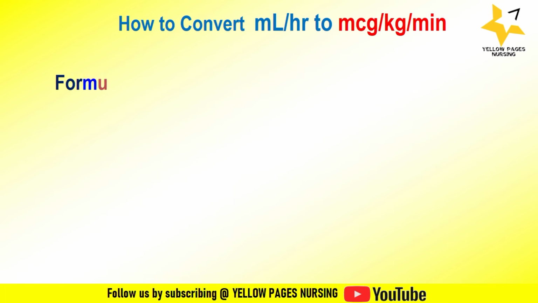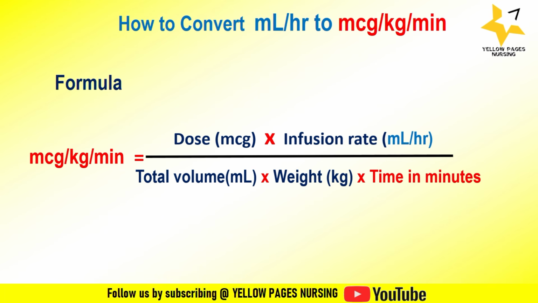So the formula is microgram per kg per minute is equal to dose in microgram multiplied by infusion rate in ml per hour divided by total volume in ml multiplied by weight in kilogram multiplied by time in minutes. The only difference between the other formula and this is we are adding time in minutes in the denominator because the formula needs the calculation of microgram per kg per minute.